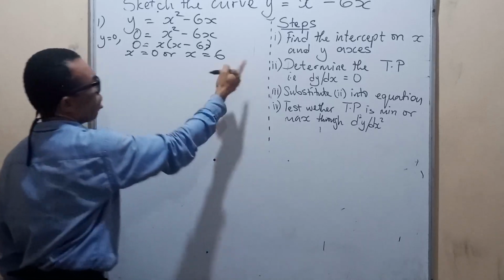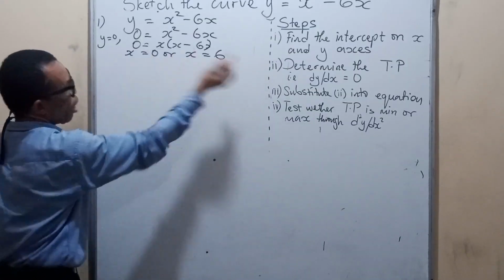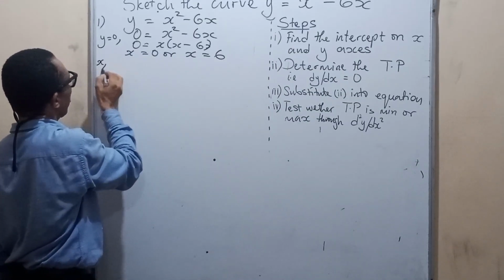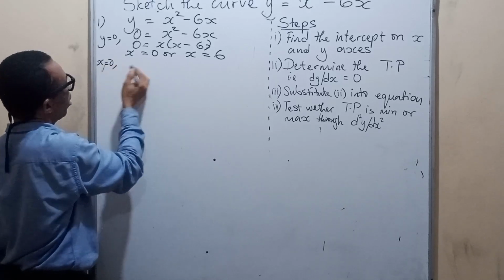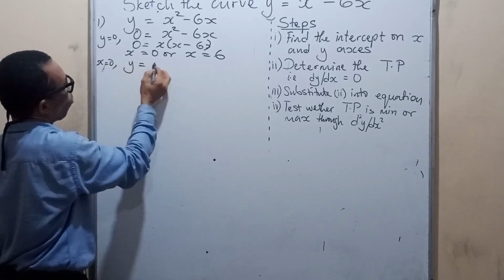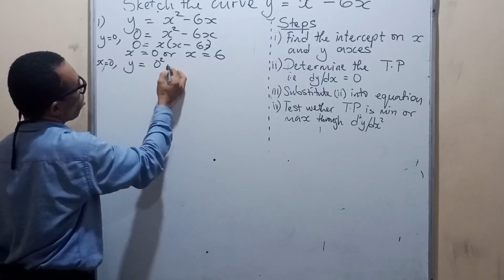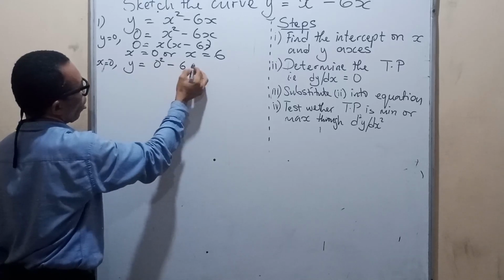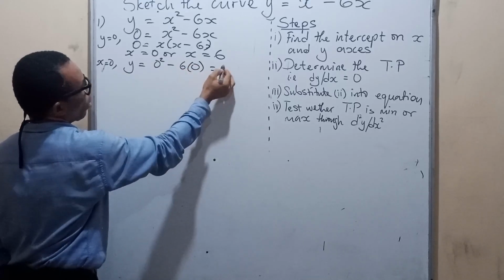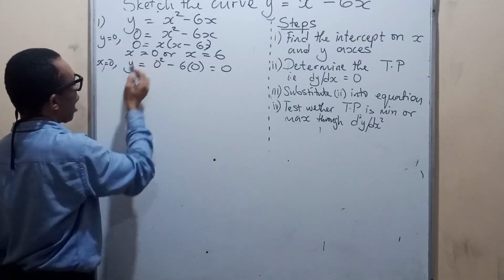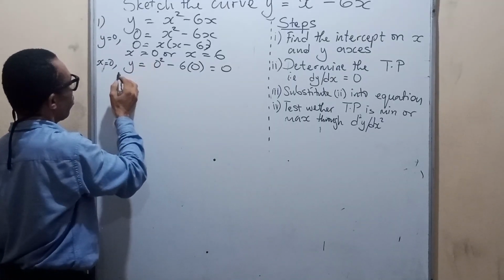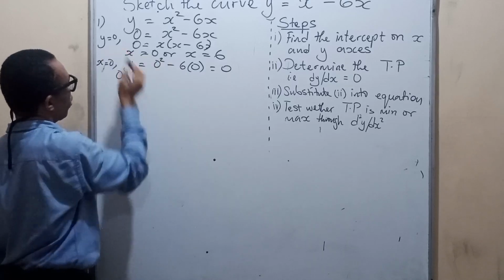Now the next thing is the other side, when x is 0. So when x is 0, I will have y is equal to 0 squared minus 6 of 0, which will lead to 0. So now, what are the points there? At x is 0, y is 0.